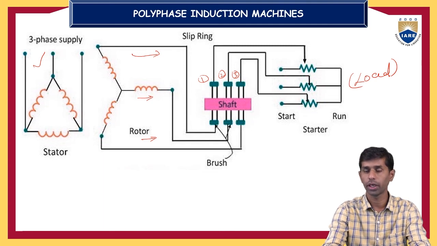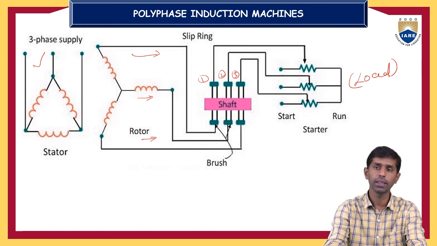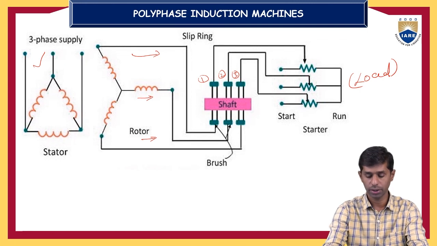It is fixed, meaning we cannot vary the resistance in squirrel cage rotor structures, but we can vary it in the slip ring induction motor rotor, because we have the flexibility to connect the external resistive bank to the rotor winding through the slip ring and brush arrangement. So the starting torque of slip ring induction motors is very high compared to squirrel cage induction motors because of the variable resistance of the rotor circuit.